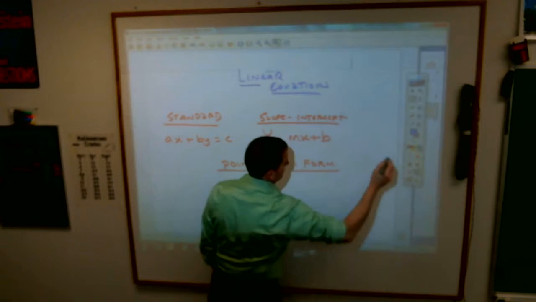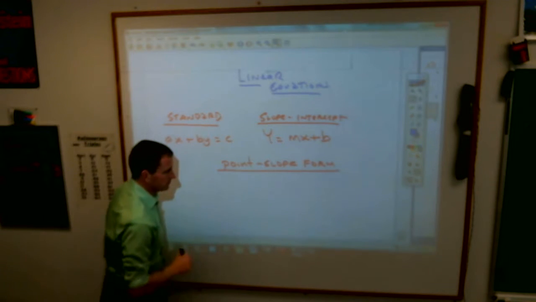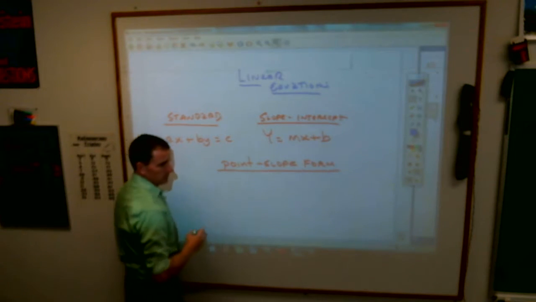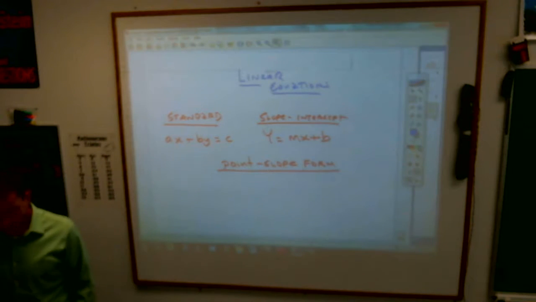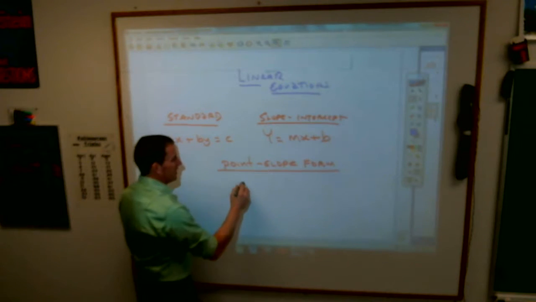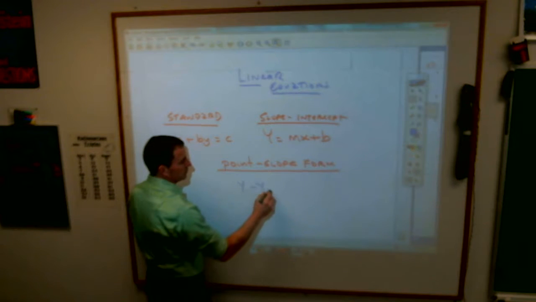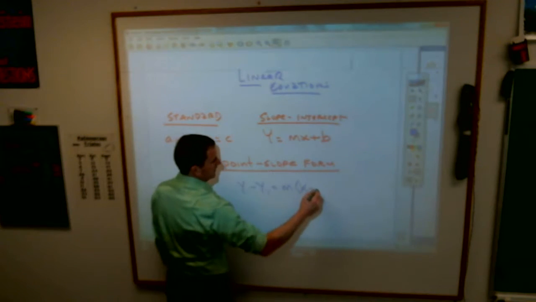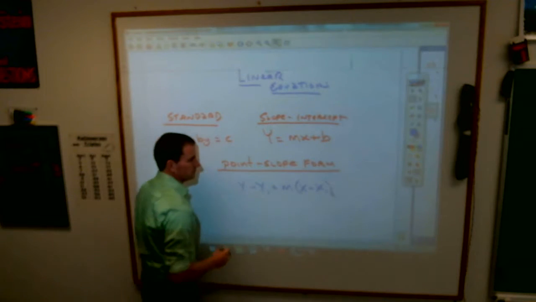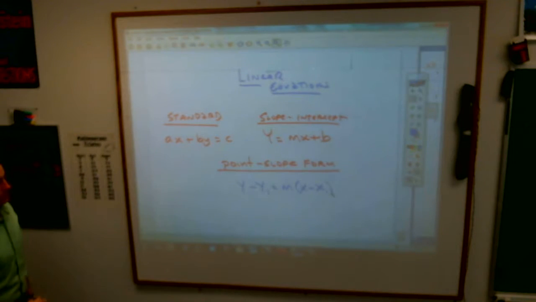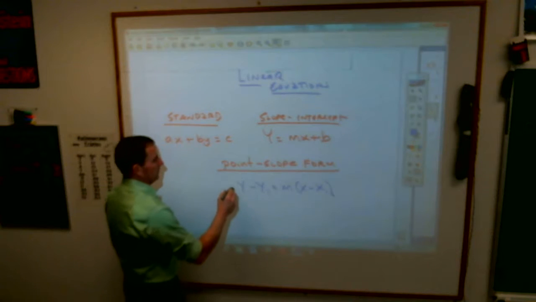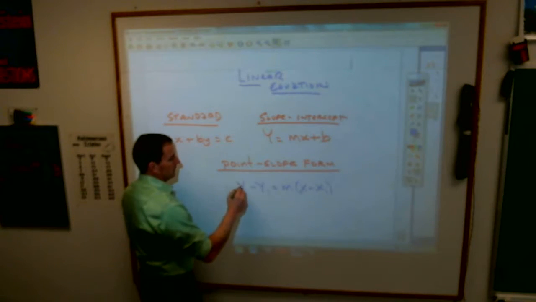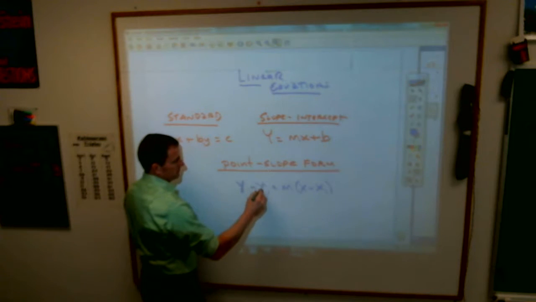And here you go. This is its generic form. It is y minus y sub 1 equals m times x minus x sub 1. So put that in your memory banks, and you'll realize it is not anywhere near as difficult as it seems.